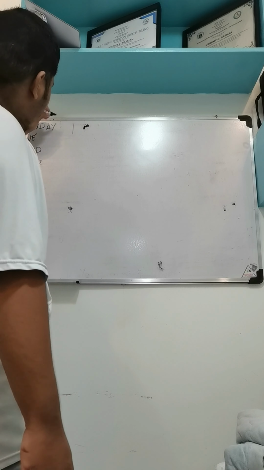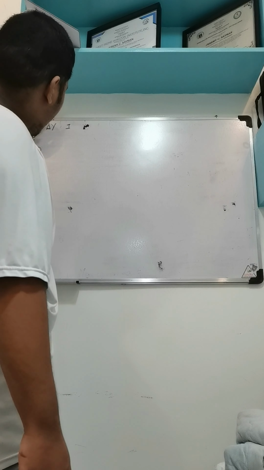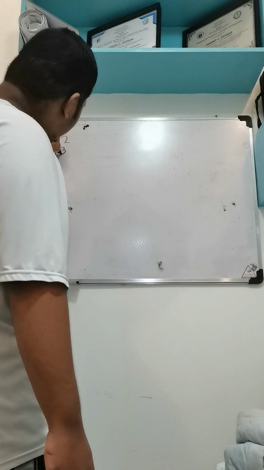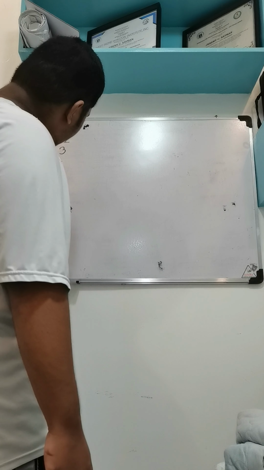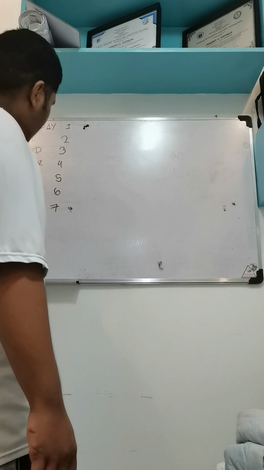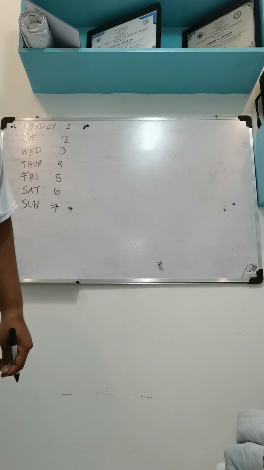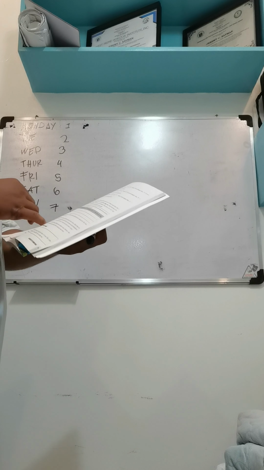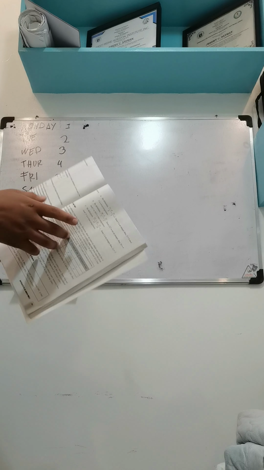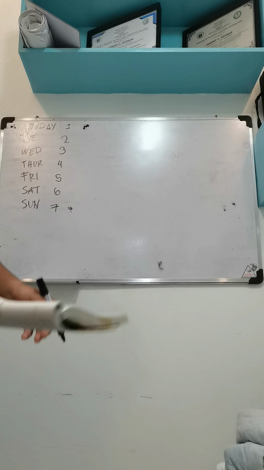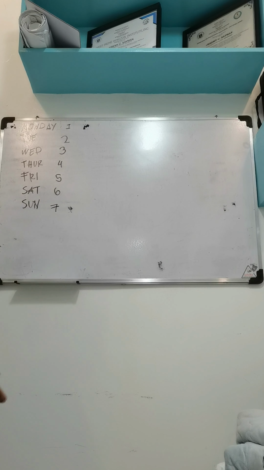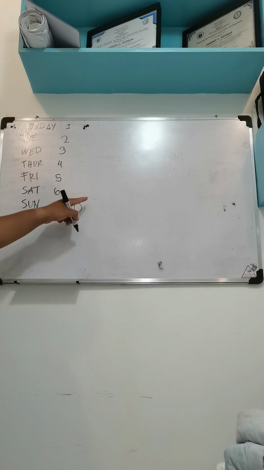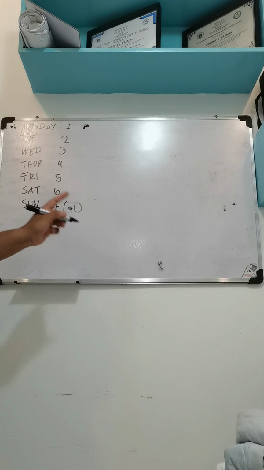So this is 1, 2, 3, 4, 5, 6, 7. So for us to easily remember what kind of answer we have, we should always remember this one, okay? So if it's 0, it is Sunday, okay?